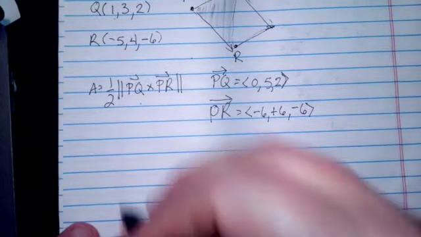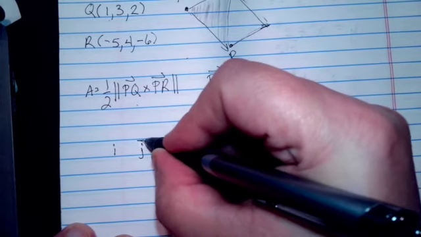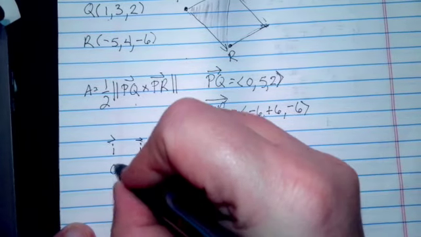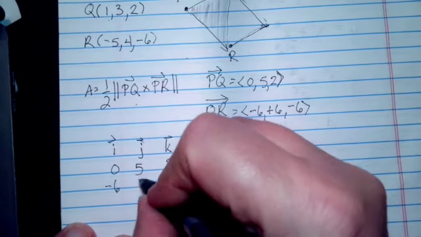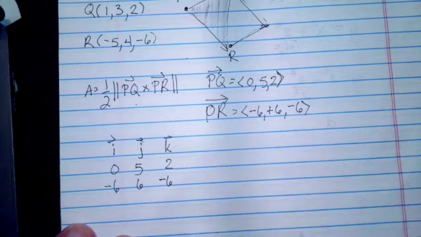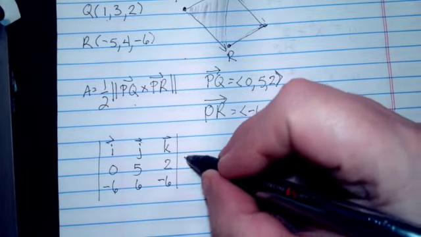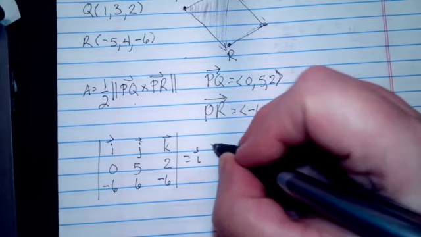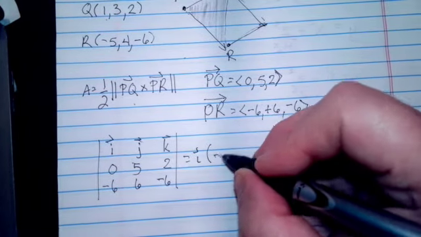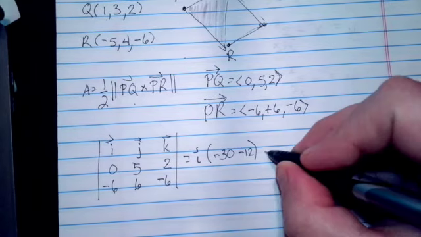Alright, so now let's find the cross product. The order here doesn't matter since we're going to be finding the magnitude anyway, and changing the order in the cross product does not affect the magnitude, only the direction. Alright, so let's expand along that top row. So we'll have i times negative 30 minus 12, which is negative 42.